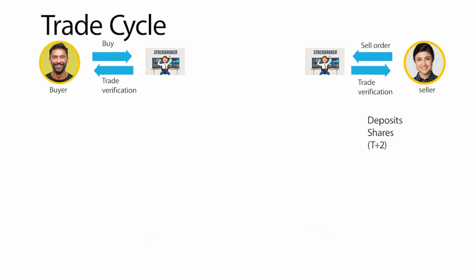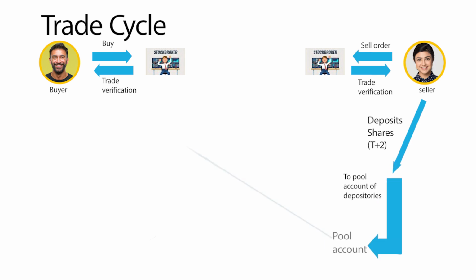So on T+2 day, the shares will be debited from the seller's account and will go to the pool account of the depositories. And via the clearing members, it will reach the demat account of the buyer. Similarly, by T+2 day, the bank account of the buyer will get debited and the money will reach the pool account of the clearing bank.